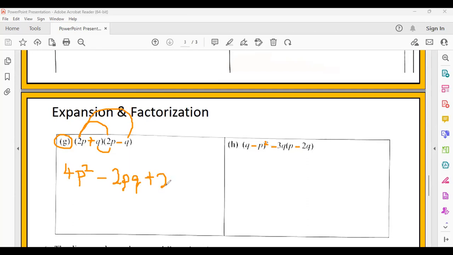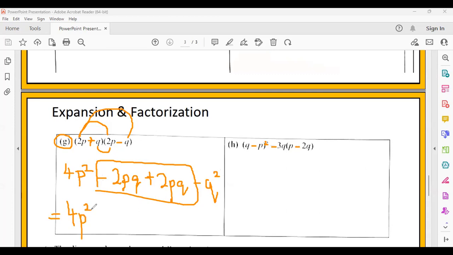Plus 2pq. And then finally, negative times positive, it will be a negative q squared. Can you see that? Now, this will cancel off with each other. Negative 2pq plus 2pq, leaving you with just 4p squared minus q squared. All right? Okay? So that's our answer. That's what you should have got.